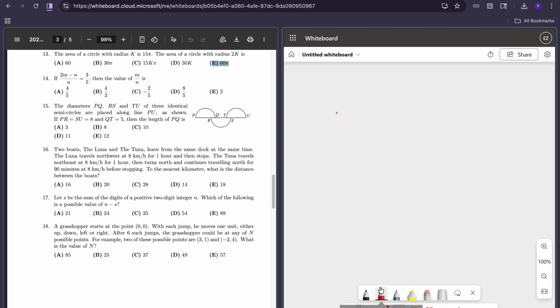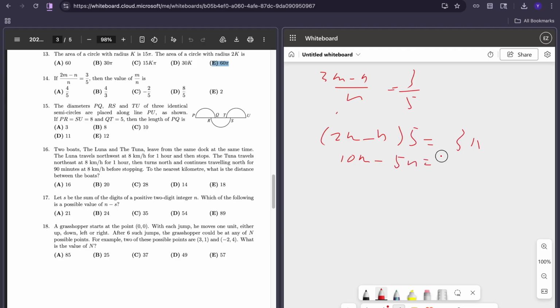Okay, 14. (2m minus n) over n equals 3 over 5. What is m over n? So we simplify: multiply by 5 on both sides, and by n on both sides, we get 10m minus 5n equals 3n.